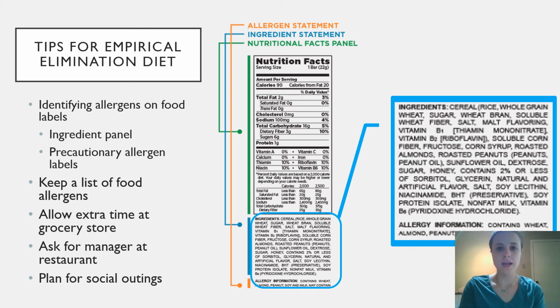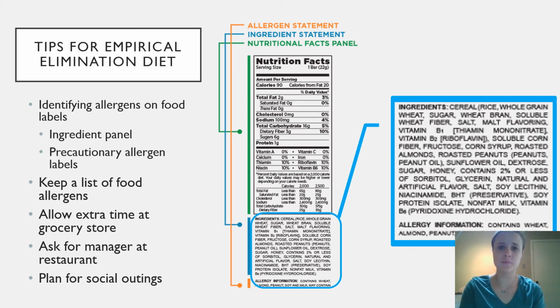And so each product is going to have something that looks similar to this. So you can either identify it through the ingredient list or the precautionary allergen label. It's also important to keep in mind that the label may say made in a factory where peanuts, where a product contains peanuts, and this is because of cross-contamination.